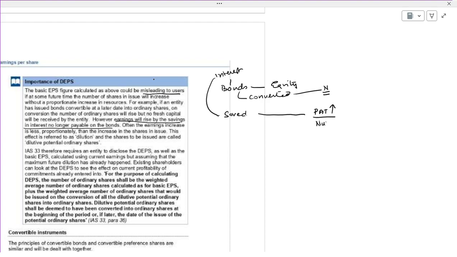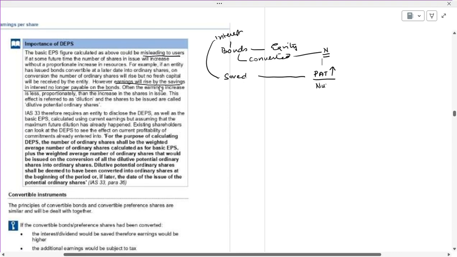That is what diluted earning per share is. For the purpose of calculating diluted earning per share, the number of shares shall be the weighted average. The same rule follows; we are not going to change anything. First, we have to calculate the basic earning per share, and then subsequently we calculate the diluted earning per share.